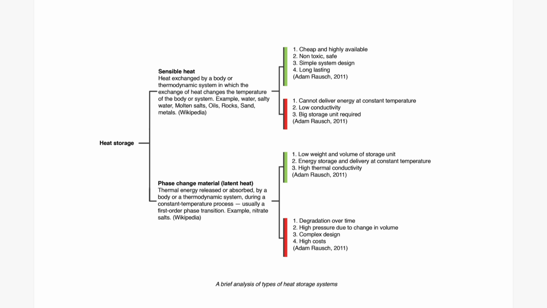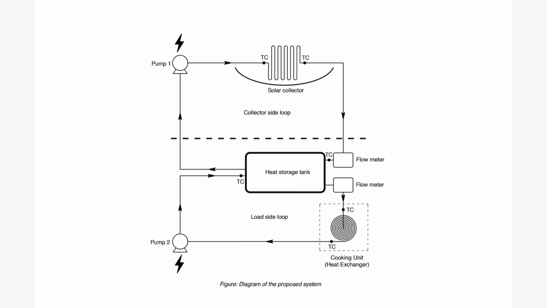So we chose sensible heat and took it forward. As I was telling you, this is the basic schematic diagram. This will be the heat storage tank. We chose vegetable oil as our material.